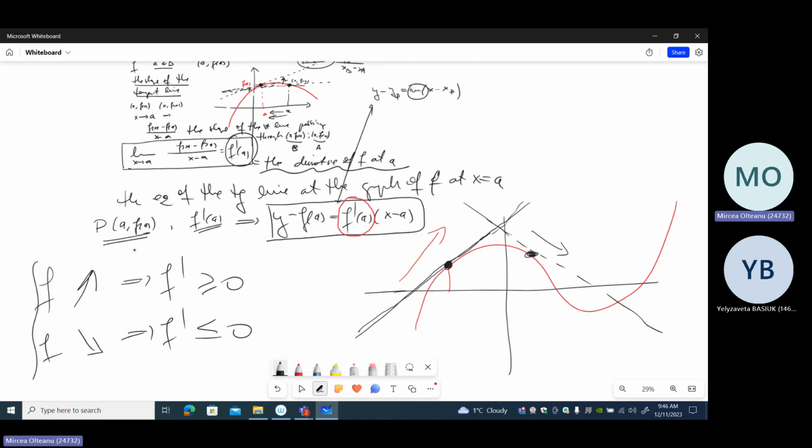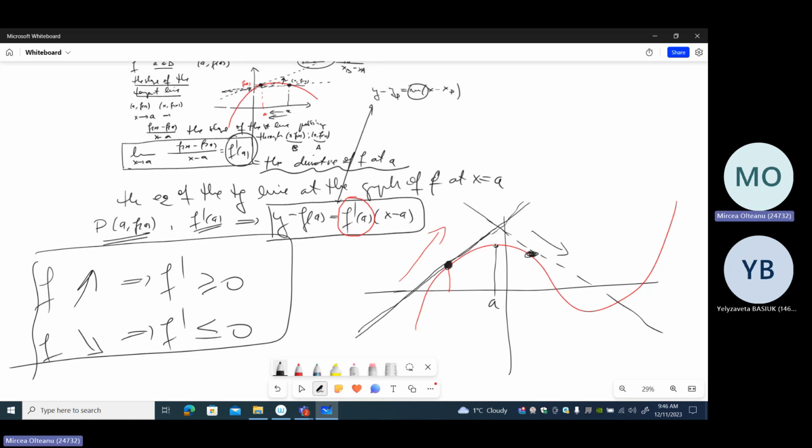Of course, everything under the hypothesis that the derivative exists at every point. There are functions which do not have derivatives at some points, but we are not interested for the moment in that kind of functions, yes? Okay, and now what about extrema? Well, the function is changing the monotony at some point here, which is a maximum, of course, yes?